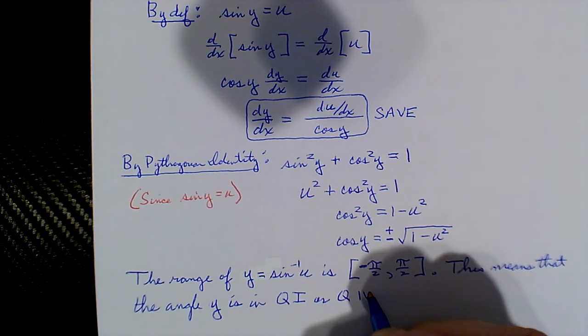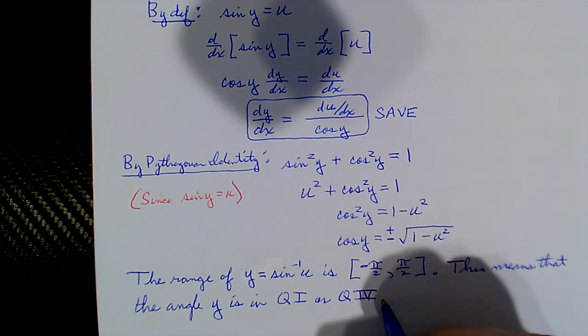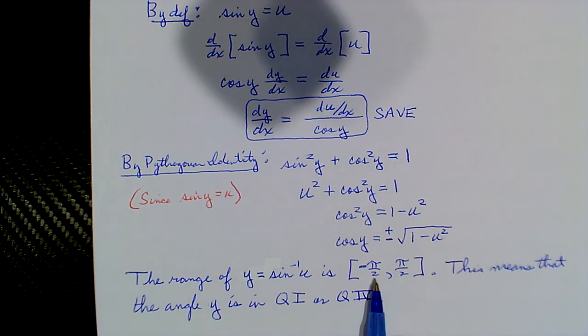So remember, this range is an interval, and it accounts for the two quadrants 1 and 4. So the only place y can be in is in those two quadrants.